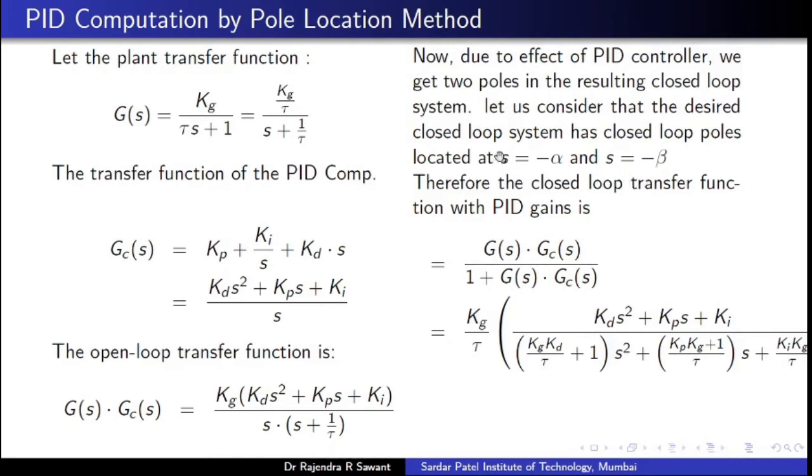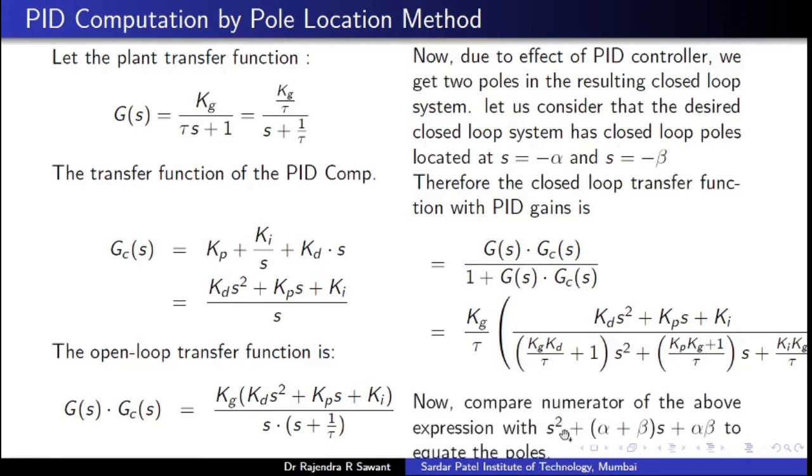This results in the denominator term s square plus alpha plus beta into s plus alpha beta, which is the product of two terms, s plus alpha and s plus beta. So one can find the closed loop transfer function this way.